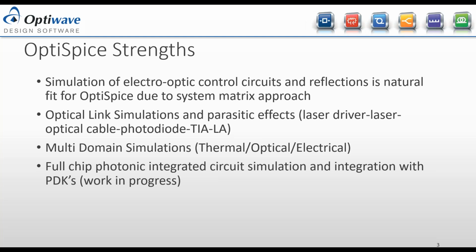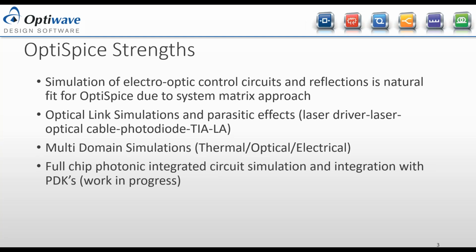So what this means is you can have your laser driver circuit with your transistors, resistors, and capacitors, and then you can use that to drive a laser, which then will generate an optical signal that can be carried through an optical fiber. It can be amplified if necessary, and on the other side you can have a detector photodiode and then a transimpedance amplifier, simulating a standard electro-optic link.